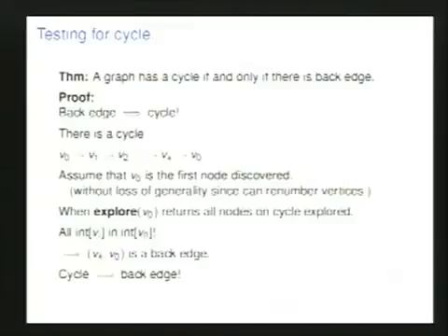We're trying to say the algorithm behaves in a certain way if there's a cycle. It actually will indicate that at least one edge is a back edge. And the way it indicates a back edge is the pre and post order numbers. Those pre and post order numbers for VK will be inside the interval for V0. And that's just the definition of a back edge.